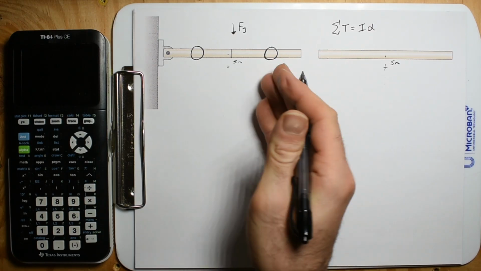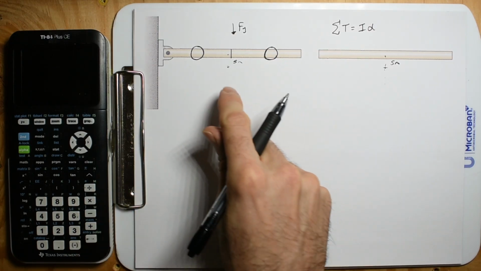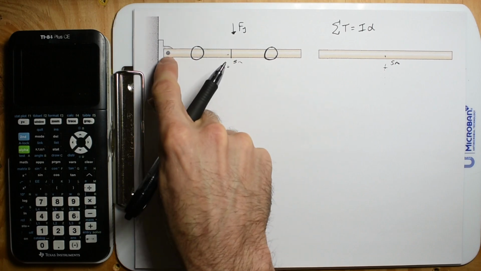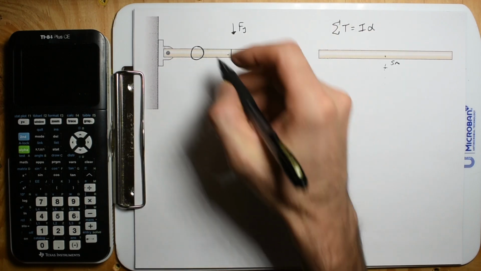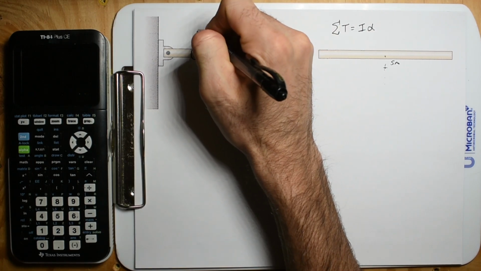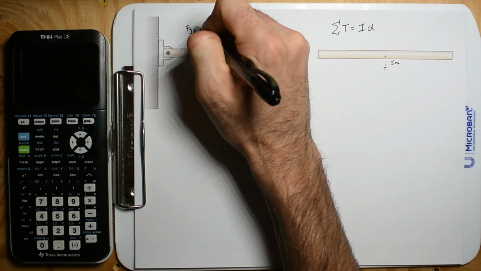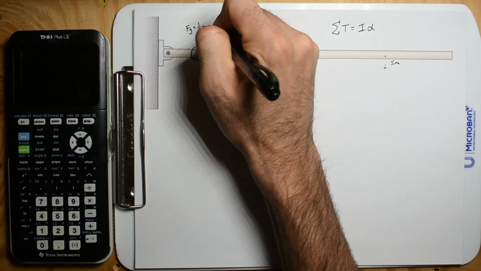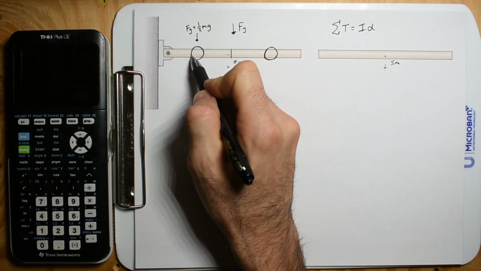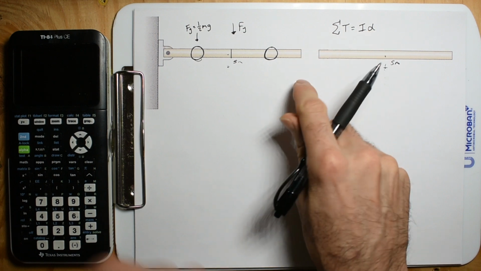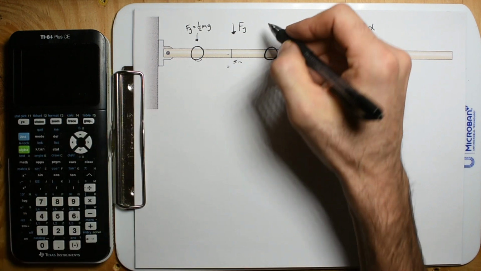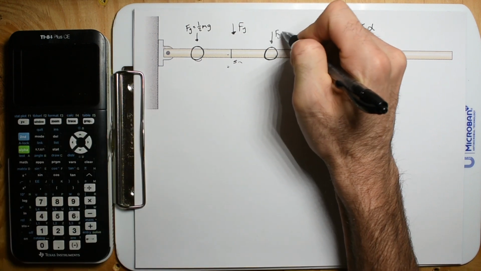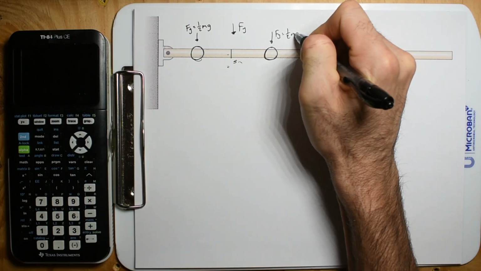Now it's not going to be 100% accurate to the scenario where we just have the total bar hinged, but it's pretty decent. So here I'm going to have a force of gravity on each of these that is going to be 1/2 mg, because the total mass of the bar is split up into both those sections. So this force of gravity is going to be 1/2 mg.